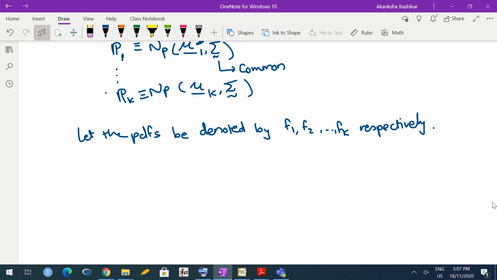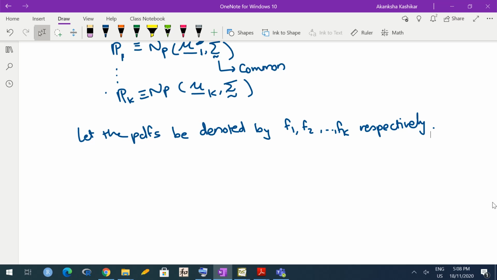In fact, it is not necessary to have all the populations coming from the same family. We can have discriminant analysis where one population is Poisson, the other is binomial. That is possible. As long as we know the form of the PDF or PMF, derivations can be carried out to get a rule based on our requirement. So here we are considering the most common case, that is the multivariate normal case.